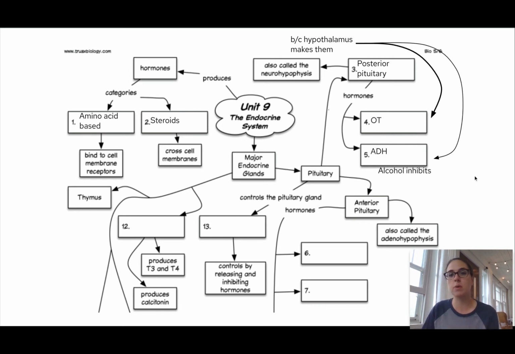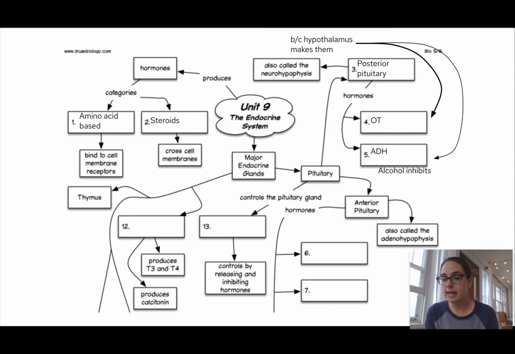So those two hormones that the posterior has are oxytocin, OT, and antidiuretic hormone, ADH. Oxytocin is what stimulates the contractions of the uterus during childbirth, as well as ejection of milk from the mammary glands.